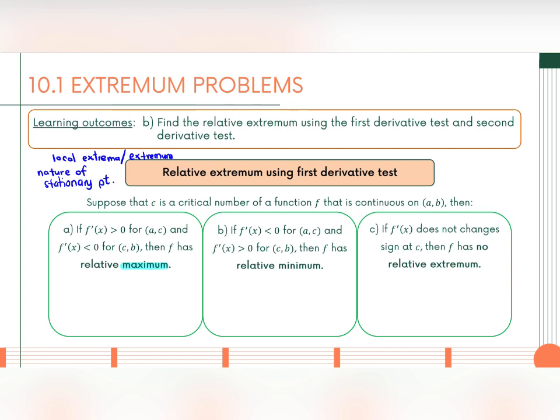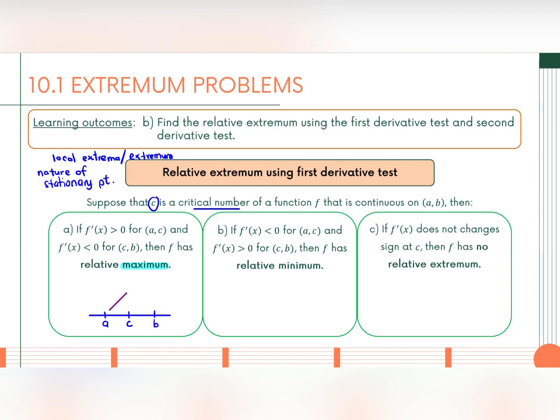Contoh dia macam ni. Saya lukiskan dalam bentuk number line. So, let's say kita ada number line. Okey, dan kita ada interval A until B. So, saya letak C di antara A dengan B where C is our critical number. Okay. So, F prime X antara A dengan C adalah greater than 0. So, greater than 0 maksudnya dia akan menaik seperti ini. Okay.